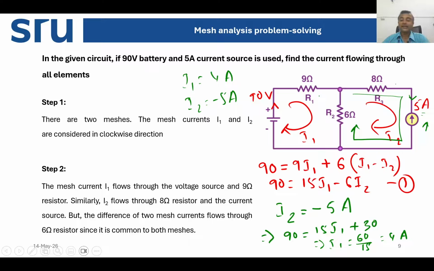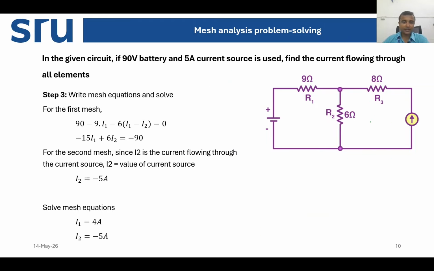Without solving the second mesh equation, we can actually write down the current equation here, which is manifested in our solution, and you can do it in any other way you like. So this is I1, this is I2, 4 ampere and minus 5 ampere.